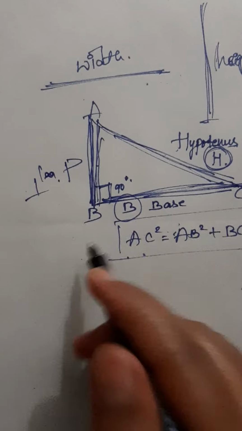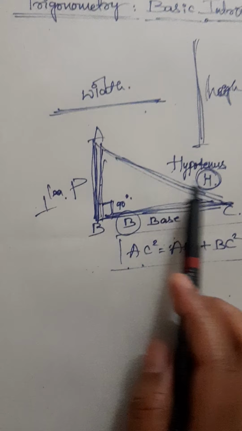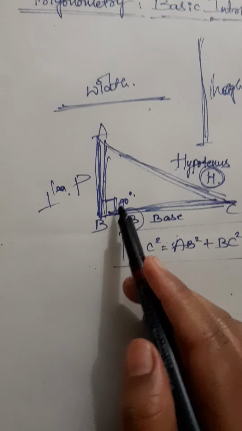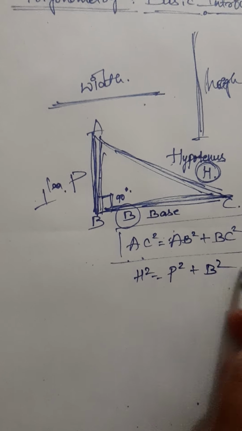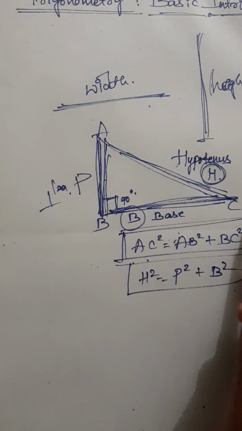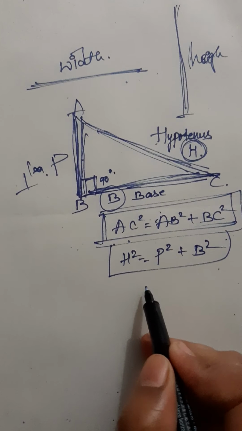According to this, our formula will be AC, that is H square, is equal to AB, that is P square, plus BC, that is B square. We can write it like this also, but according to the Pythagoras theorem it is written as AC square is equal to AB square plus BC square.